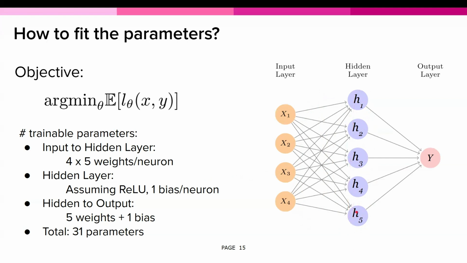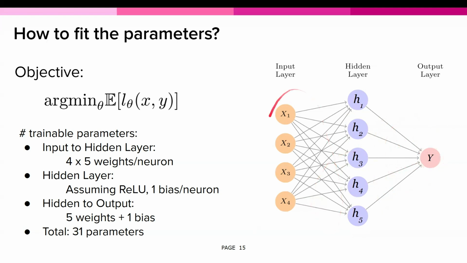So each of those is going to have one bias per hidden unit or per neuron. So that brings us up to 25. And then on the output, let's assume an affine function on the output. So that's going to give us an extra five weights and one bias. So that'll be an extra 6 parameters.